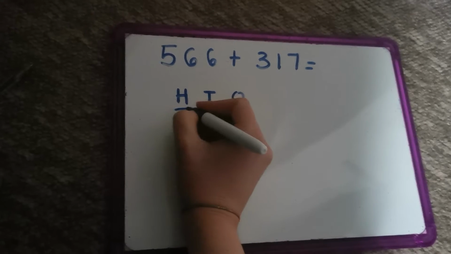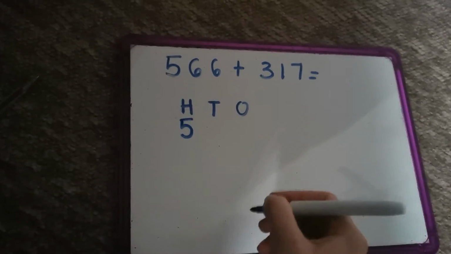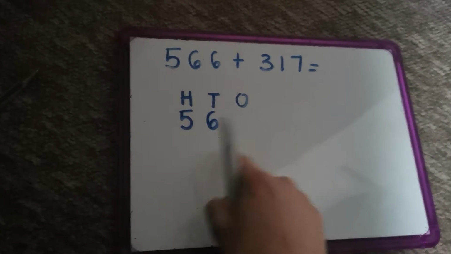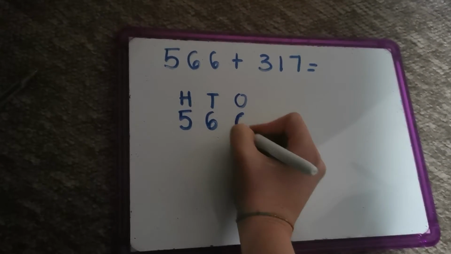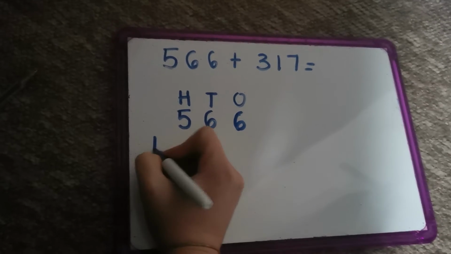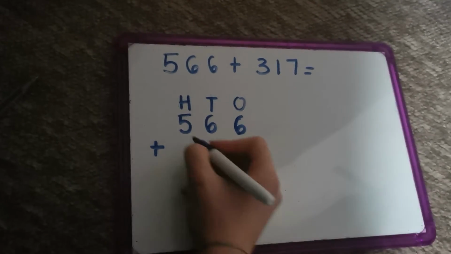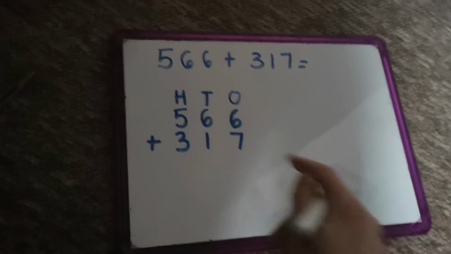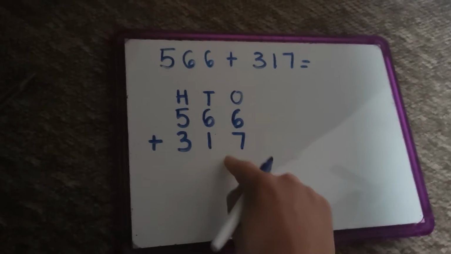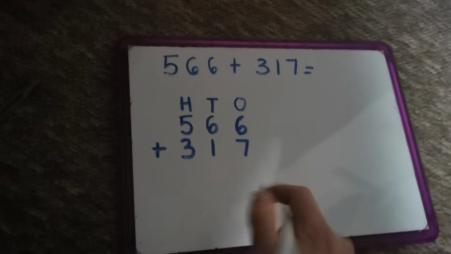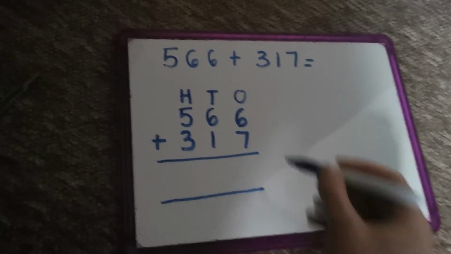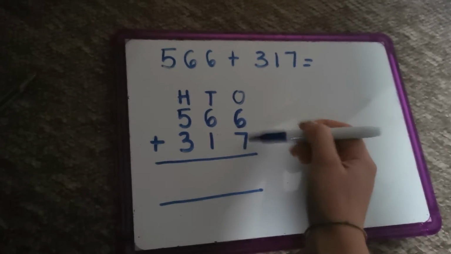So I'm going to place my 500 underneath my hundreds column, 60 under my tens column, and then the 6 ones. Then I'm adding, so I'm going to place the add symbol there. Add 317. So 317 has 7 ones, 1 ten and 3 hundreds. See, I was being cheeky again, not using a ruler. Sorry. So we're going to start with the ones.